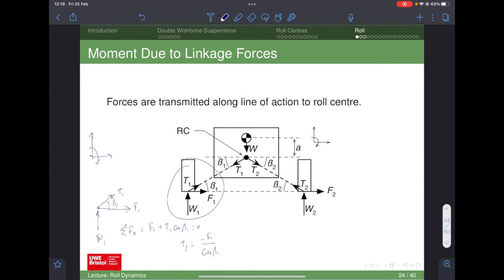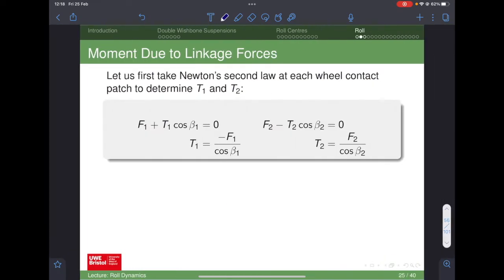And likewise over here, the sum of the forces in the x direction: F2 minus T2 cosine beta 2 equals 0. So T2 is F2 divided by cosine beta 2. So that's where that comes from.